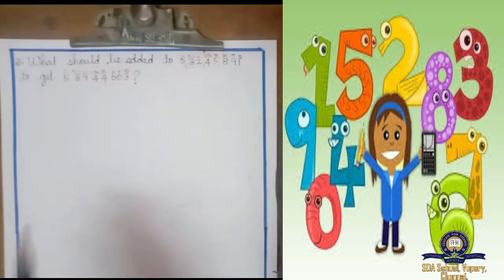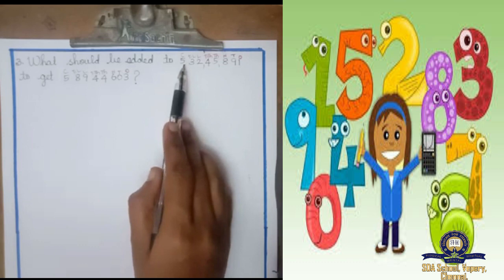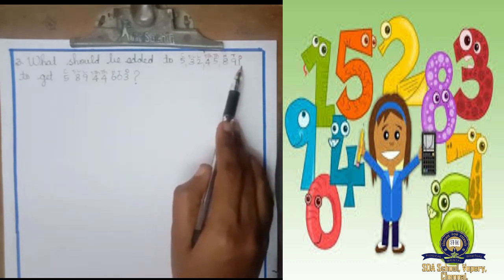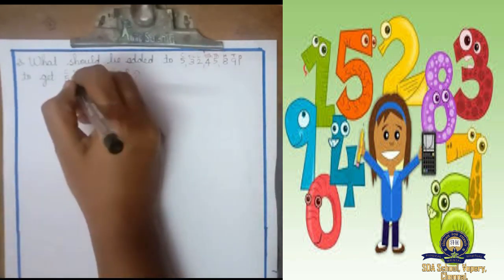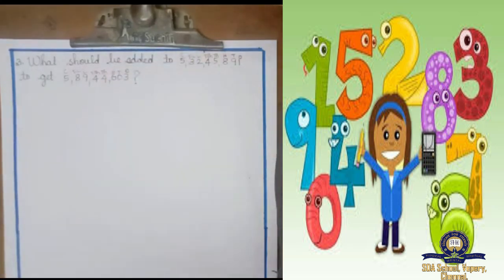So now the third sum is: what should be added to 5 crore 32 lakhs 45,891 to get 5 crore 89 lakhs 44,603?